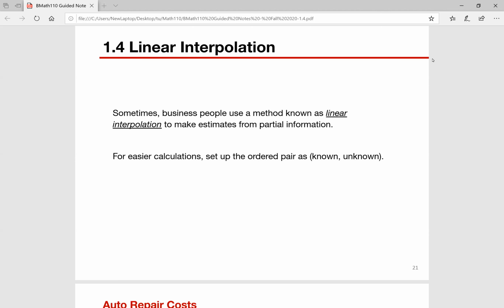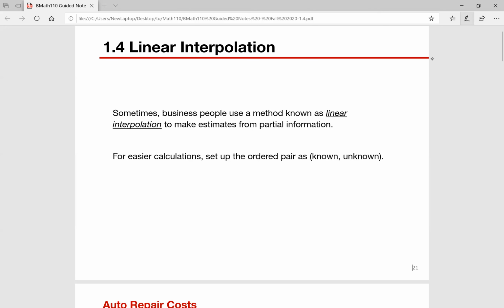Sometimes business people use a method known as linear interpolation to make an estimate from partial information. For easier calculation, set up the ordered pair as in this note.